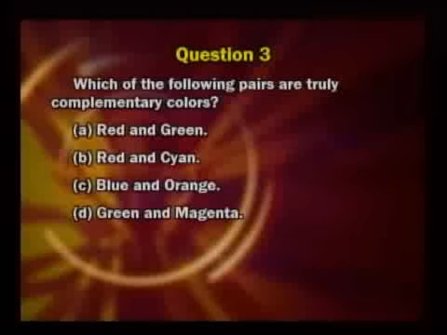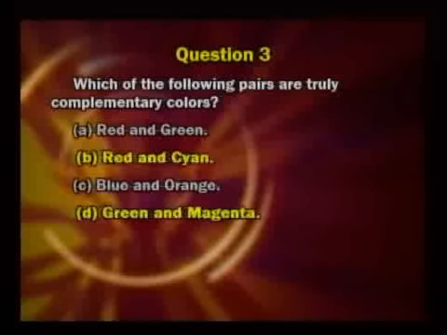A looks good. They all look good. I'm hearing everything here. Okay. The real correct answers here are B and D. We'll pull up a color wheel in a minute, and you'll see why those are the real complementary colors. They're totally opposites.